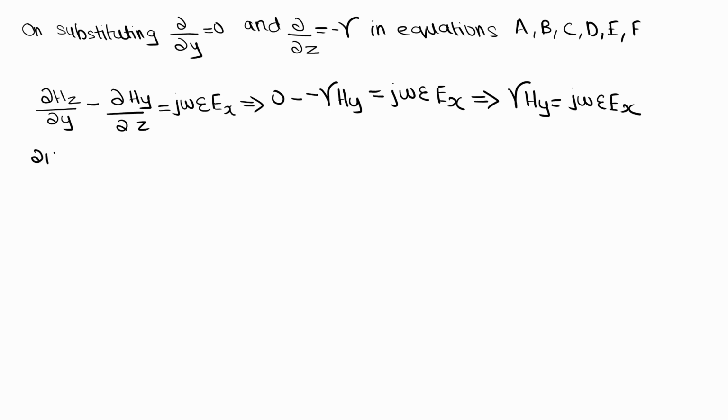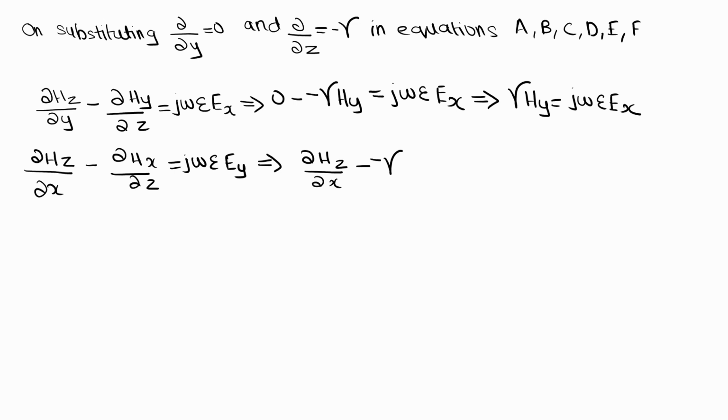And the next, ∂Hz/∂x minus ∂Hx/∂z equal to j omega epsilon Ey, which implies ∂Hz/∂x minus minus gamma Hx equal to j omega epsilon Ey, which implies ∂Hz/∂x plus gamma Hx equal to j omega epsilon Ey.